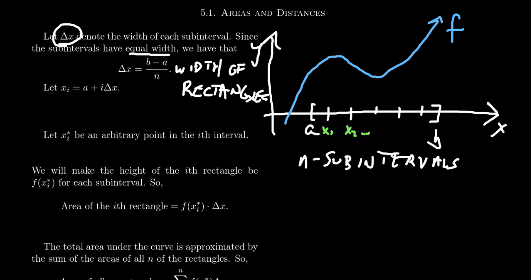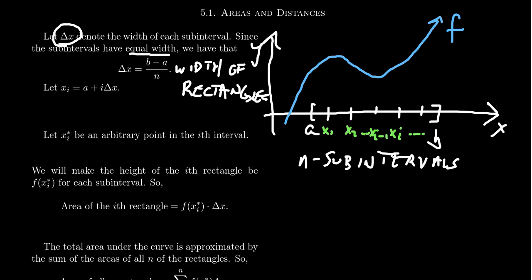We'll have some arbitrary point in the middle. So xi is just a generic spot that's in the middle. Xi minus 1 would be the point that's immediately in front of that.